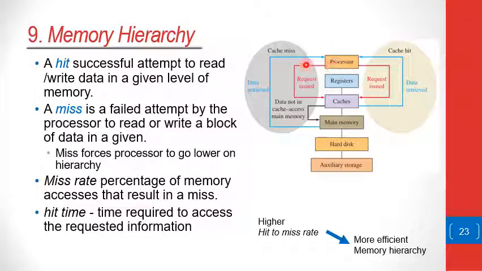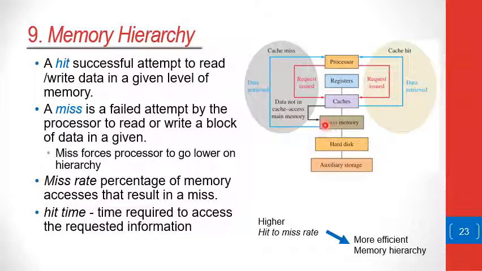Alternatively, a processor may want to access a piece of data from the cache and find that the data is not available in that cache. Then the processor is forced to look for the data at the next lower level of the hierarchy.